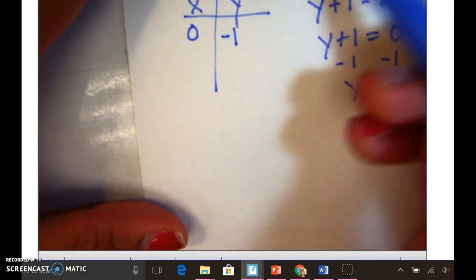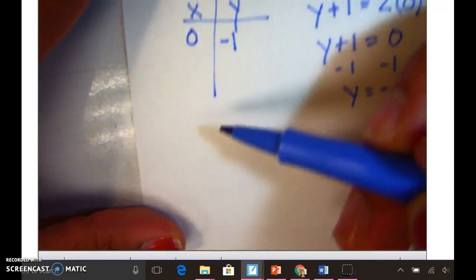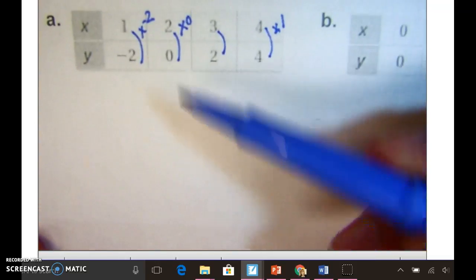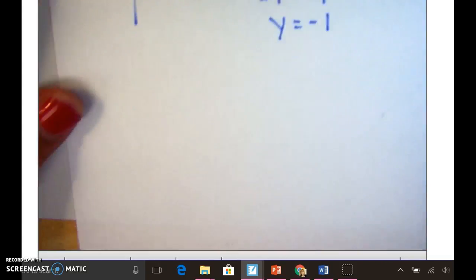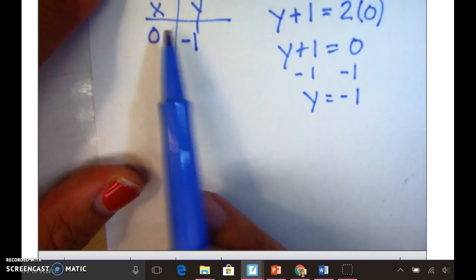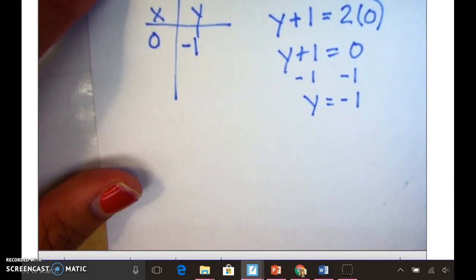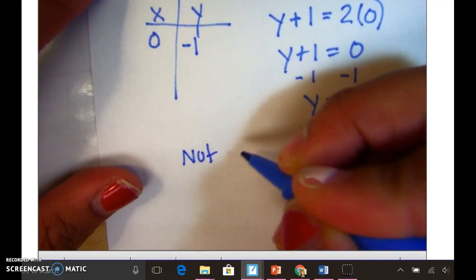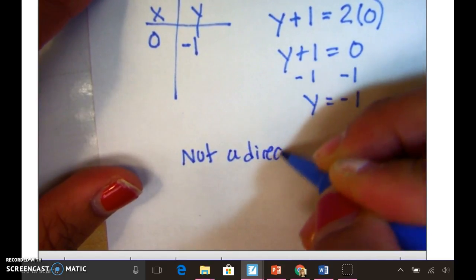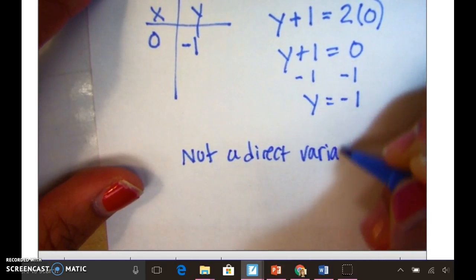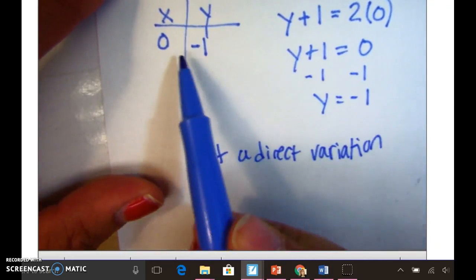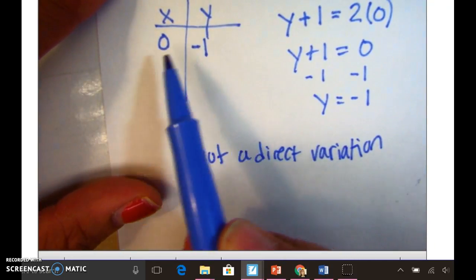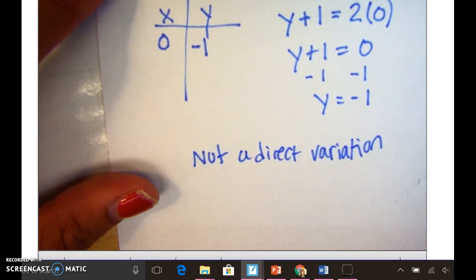I can put in more values to see if it's changing by the same way each time, but I already know by putting in 0 for x, I should get 0 for y. And since I don't, then this is no. This is not a direct variation. The reason why is because it will not pass through the origin. In order to pass through the origin, x and y both have to be 0.